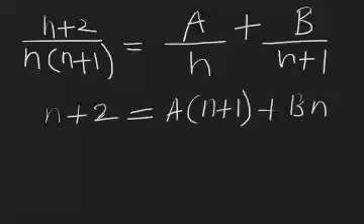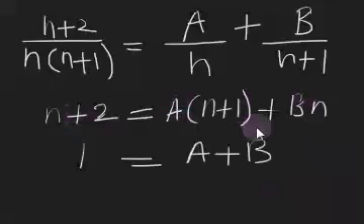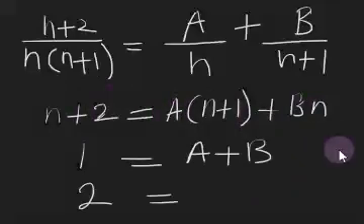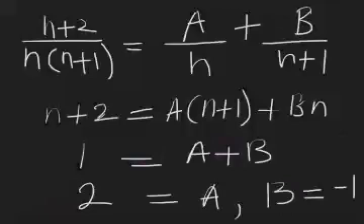So comparing coefficients of n on both sides, the left hand side is 1 and the right hand side is a plus b, and comparing constant terms, the left hand side is 2 and the right hand side is a. Here a is equal to 2, and then from the first equation we can find the value of b, which is -1.